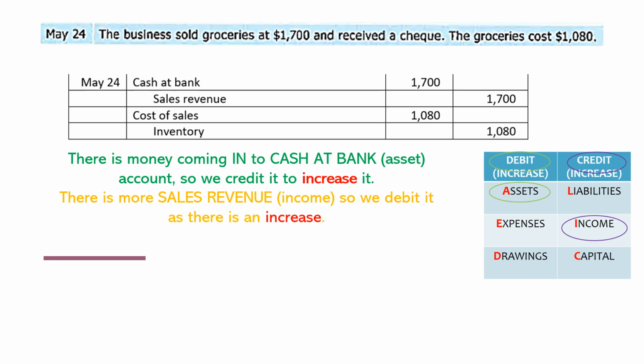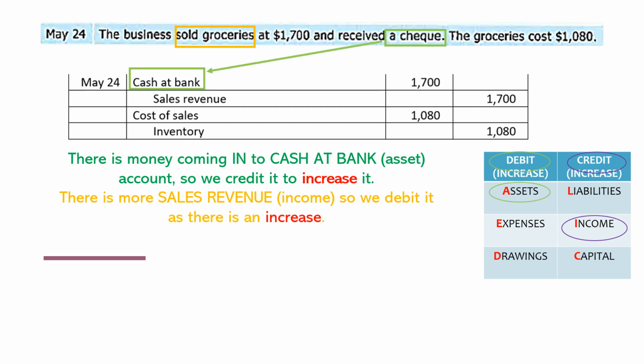All right, our final transaction is on the 24th of May. The business sold groceries at 1,700 and received a check. I'm just going to deal with this first, and we are not going to deal with the second sentence just yet. All right. So from the very first one, we will have two key ideas: sold groceries and check.